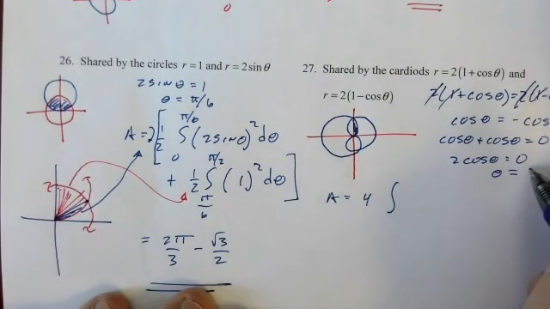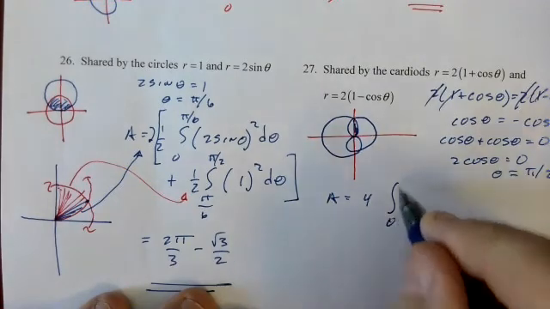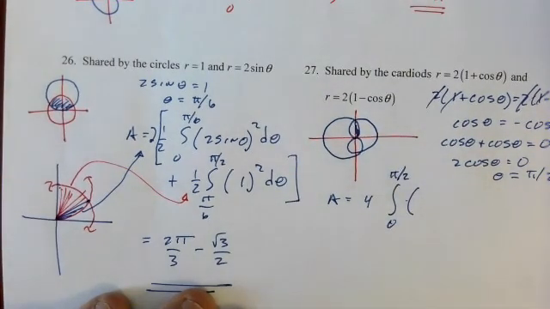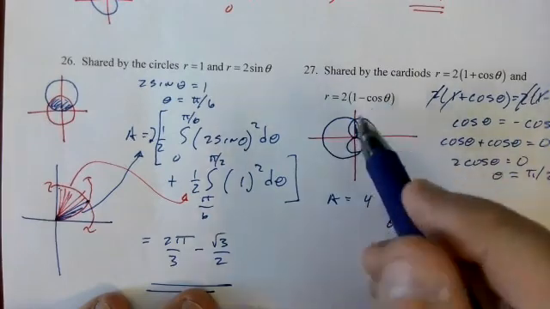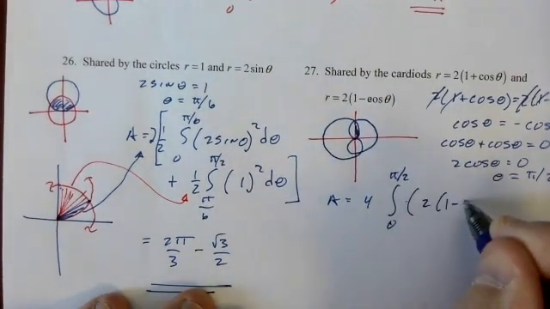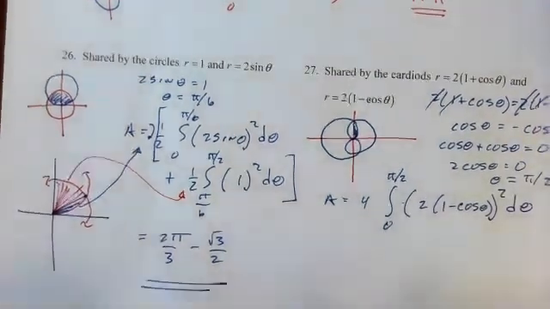Basically, it's when theta equals pi over 2. So 0 to pi over 2. I could pick either one, really. Well, I don't know. I'll definitely go with the one that's going to the left. That's the 1 minus cosine. 1/2 times 2, 1 minus cosine of theta squared d theta.